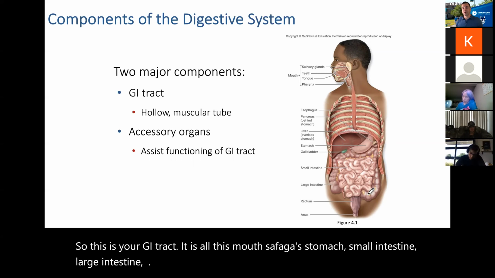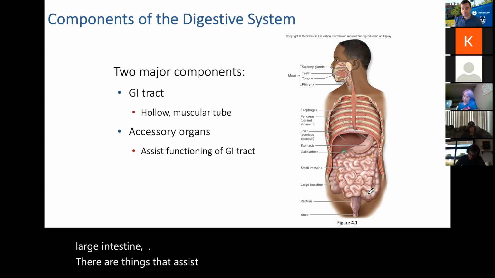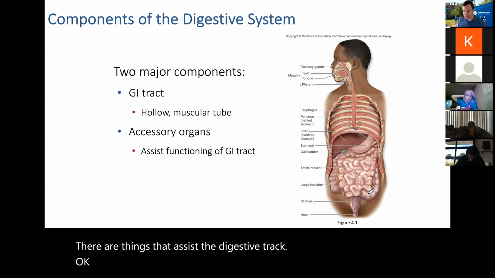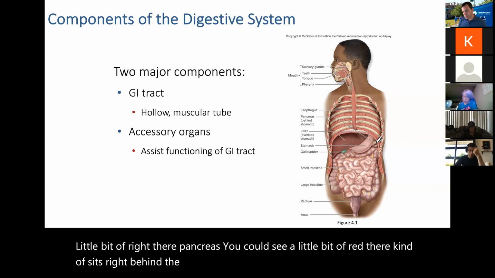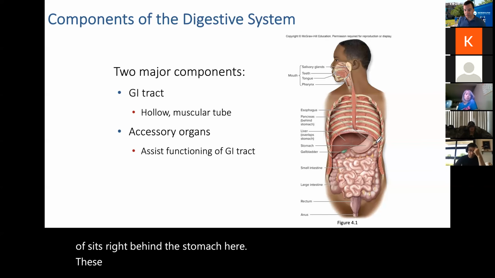There are things that assist the digestive tract. These are your accessory organs. Liver, gallbladder, a little bit of it right there. Pancreas, you can see a little bit of it right there, kind of sits right behind the stomach here. These are accessory structures, okay?